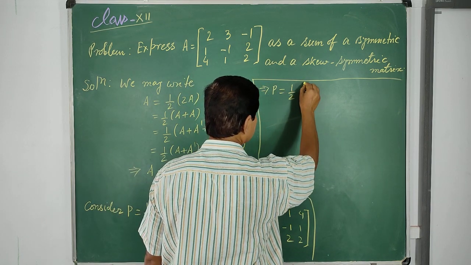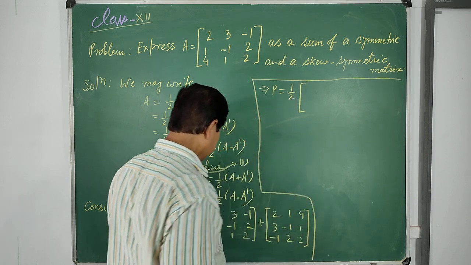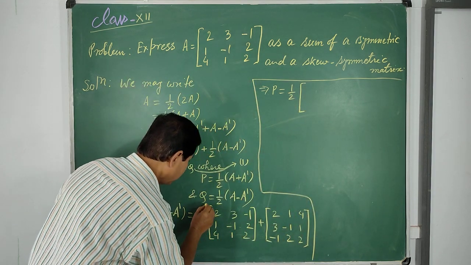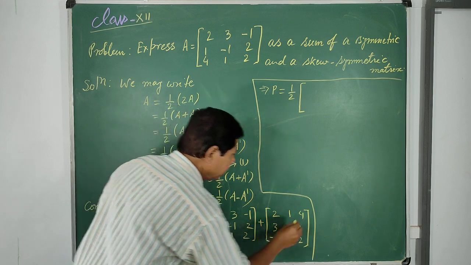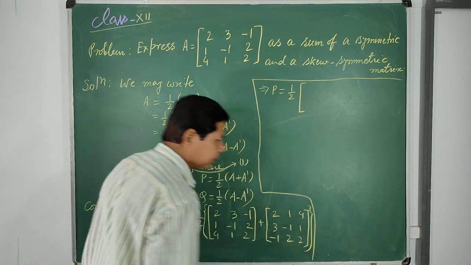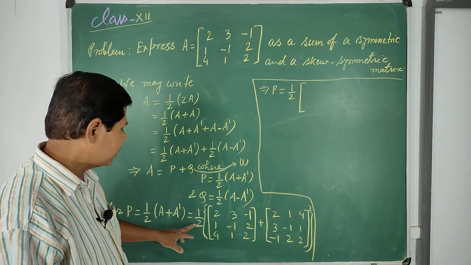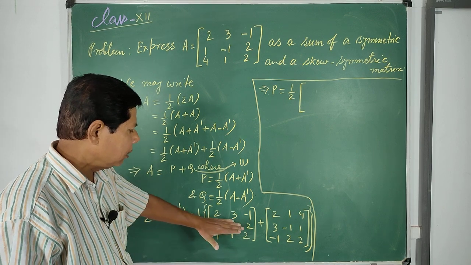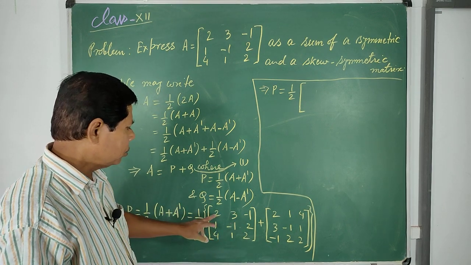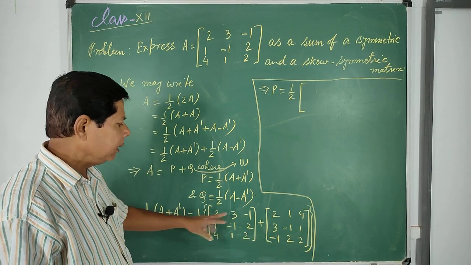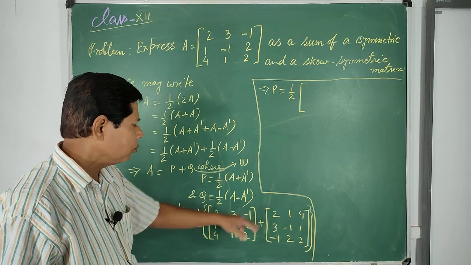half kept outside, then the sum of these two matrices. So half should be kept outside. Later on, we will divide each element. This is similar to the scalar product of a matrix after finding out the sum. So the sum will be obtained by adding the corresponding elements. 2 plus 2 equal to 4.